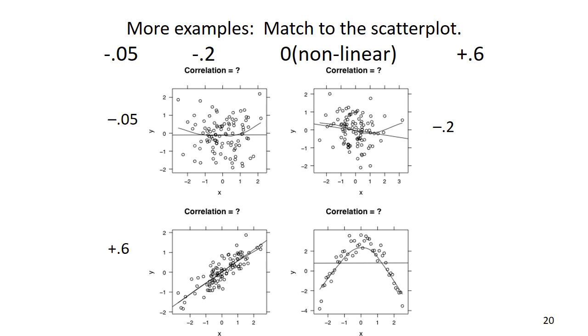So this is further off from 0. It's going downward, but it's not very well formed. And then this last one is sort of a tricky one because it's not linear at all. This is a parabola. So that doesn't really fall into our little worldview at all, for correlations at least.